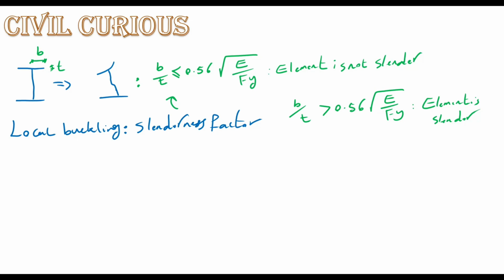For example, I write the relation for the I section, and we have another relation for the tube section, another rule for the box section, and etc. Let me tell you that if a section is not slender, we call it a compact section.